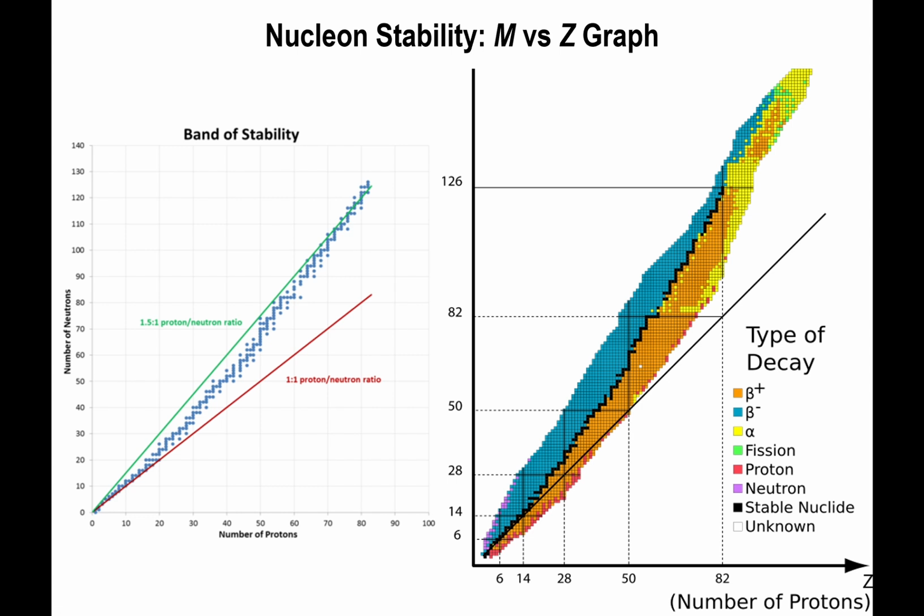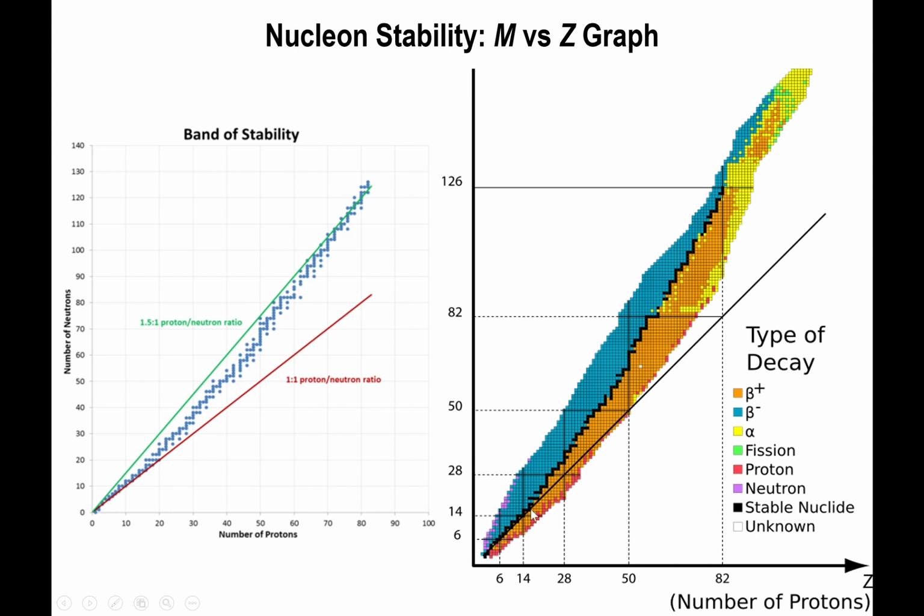Now, this type of graph gets shown often in chemistry courses. And I personally hate it because you can't see anything. You can kind of see the overall picture of what's going on. And one thing you can make out from this is that for the early portion of the periodic table, right, because the x-axis here represents the atomic number, you have a one-to-one ratio of number of protons versus number of neutrons on the y-axis.